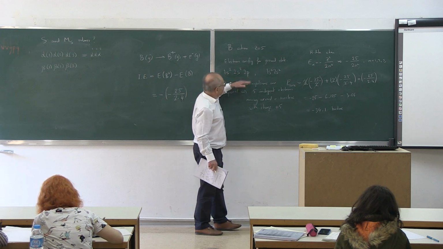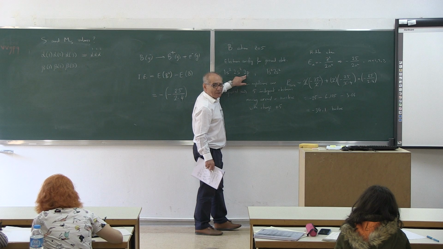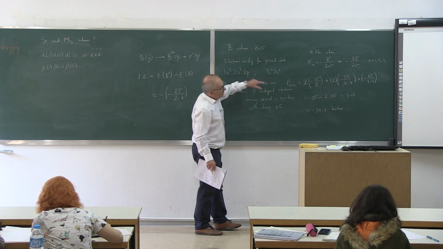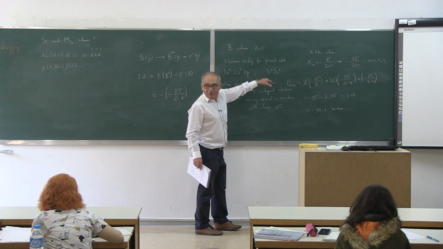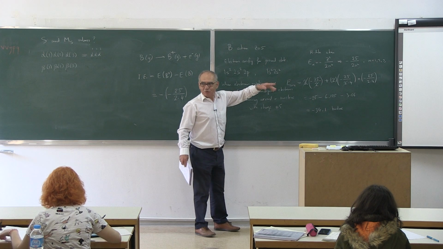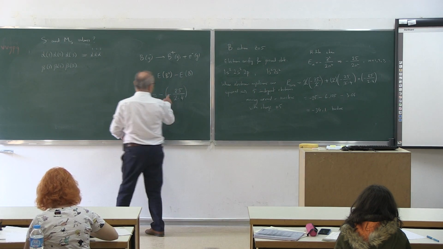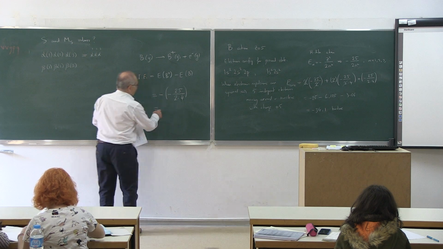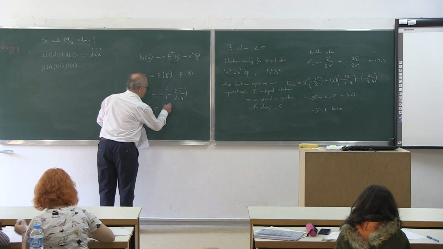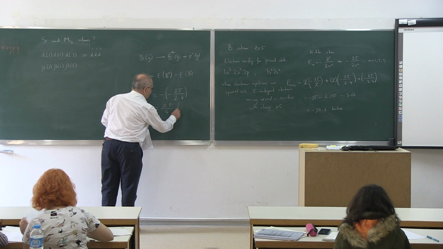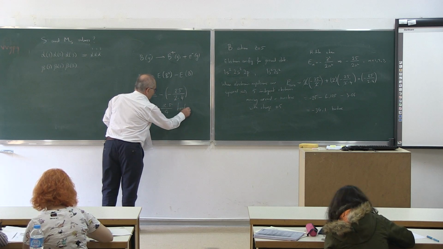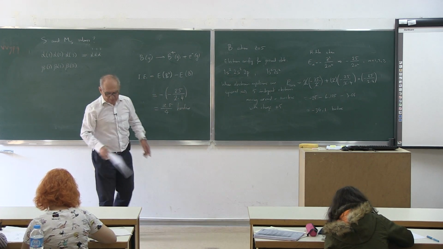So the net result is minus the energy of 2p. But 2p energy is already negative, so minus 2p energy is a positive number, as you see here, within this approximation.